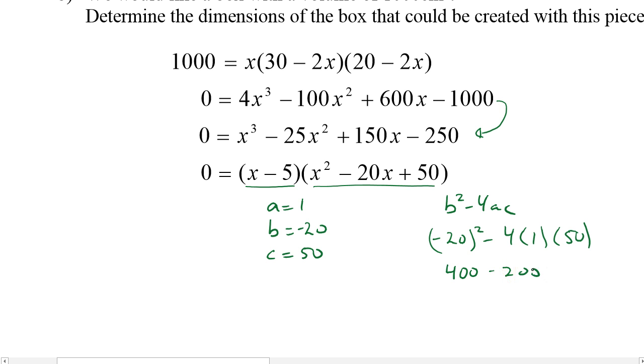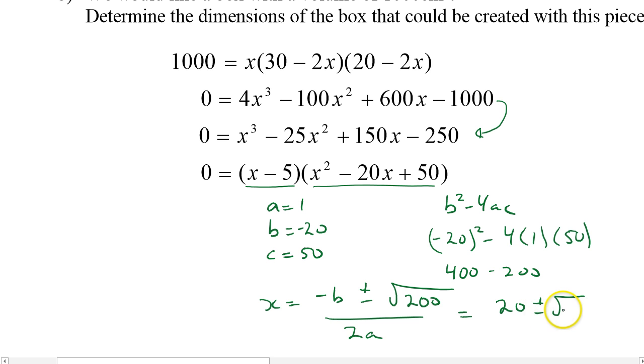Okay, so let's do the whole thing here. We're going to get x is equal to negative b plus or minus the square root of 400 minus 200, which is 200, all over 2a. So this is going to be equal to negative b, so negative 20, so I'll get 20 plus or minus the square root of 200, all divided by 2a.